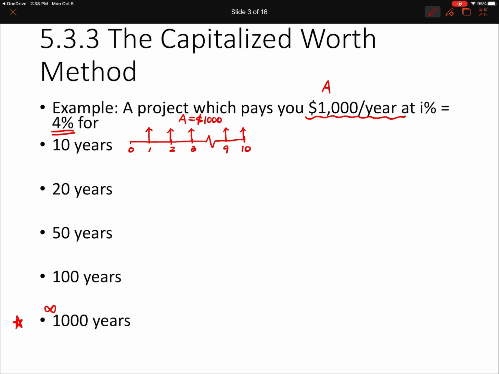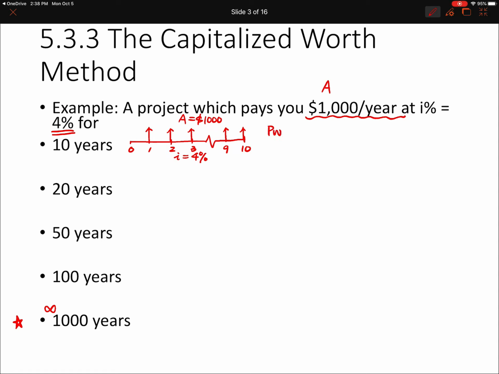So it is the annuity at the end of every year, and A is 1,000. And we know i is 4%. Right now our task is to convert these annuities back to the present time, and then sum that with some investment at the present time, and that's going to be your total PW. But at this point, we only focus on the PW from A.